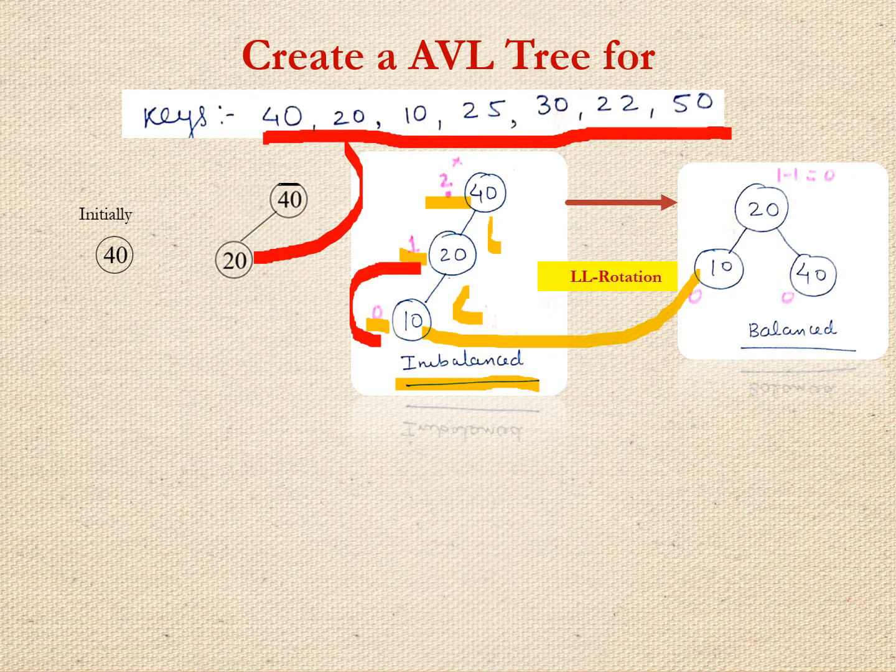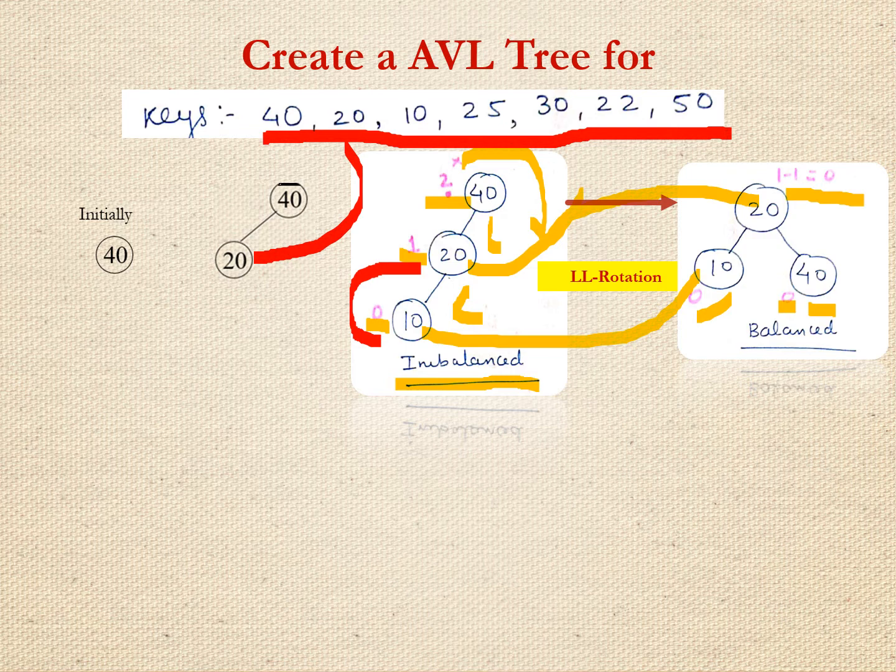Only 20 will be the root node and 40 comes down on the right-hand side. So this way 40 is placed here. Now again you can verify whether it is balanced or not. Yes, 0 here, again 0 here, and here it is 1 minus 1, 0. So after the LL rotation your tree is balanced.